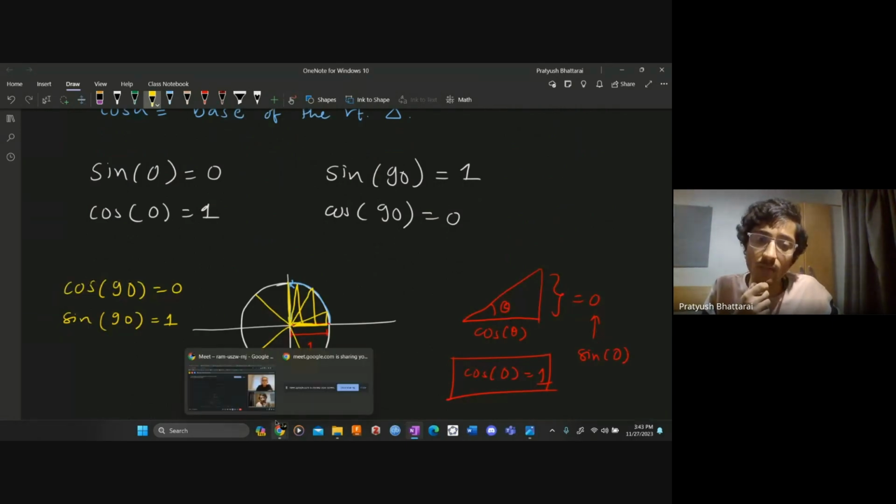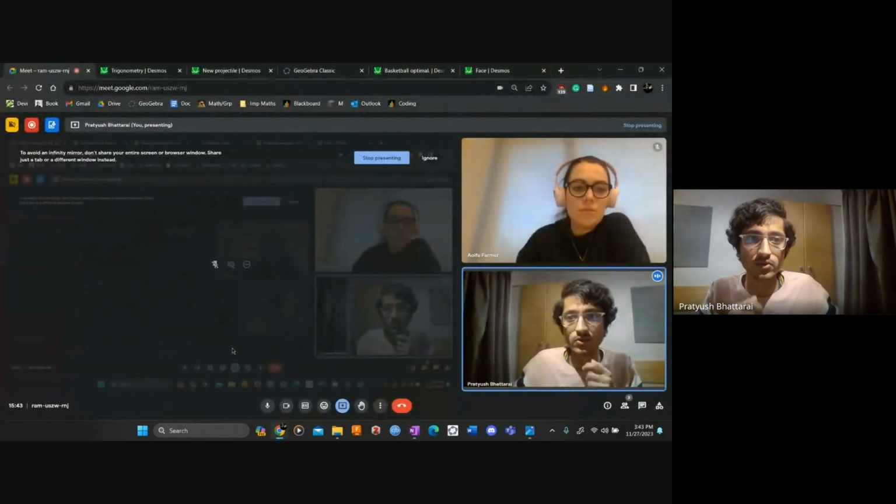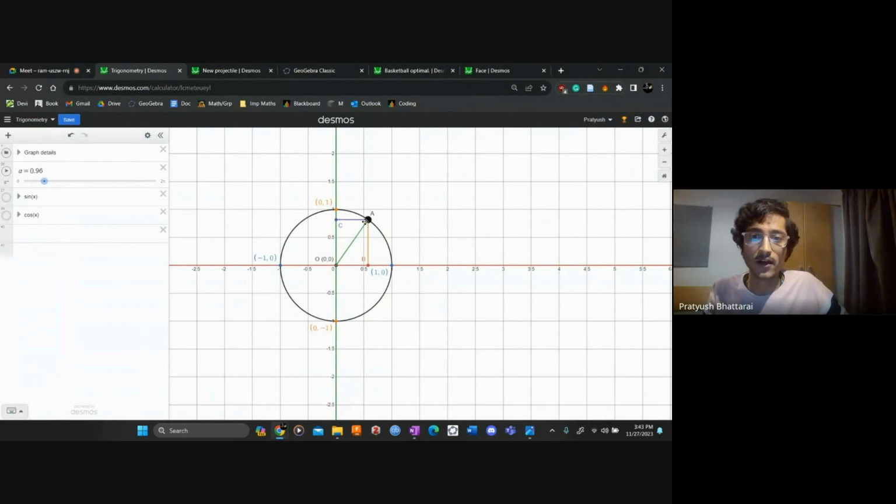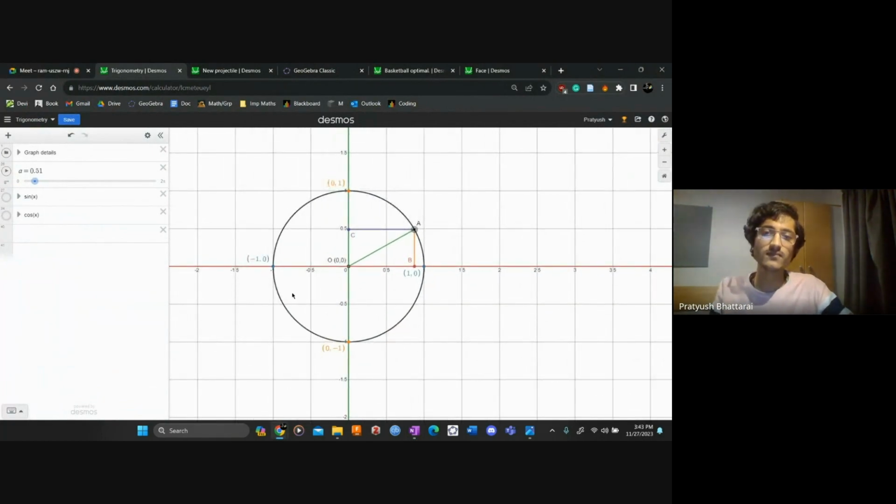What I quickly want to do is share a similar graph that I made. This is just a graphical representation of the other thing that I was talking about.